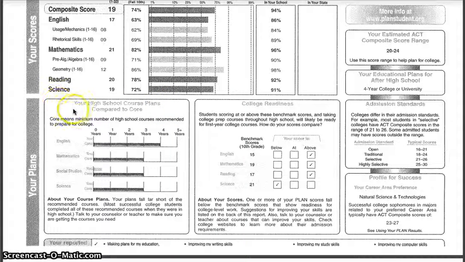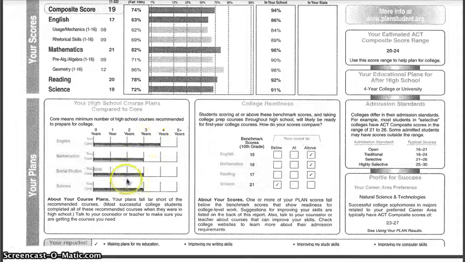This right here, part of your test was you put in what you plan to take in high school. And this dark line right here for each subject area means this is what colleges expect you to take. You should have a gray line. This is not a good copy right here, but you should have a gray line that shows what you said you'd be taking.